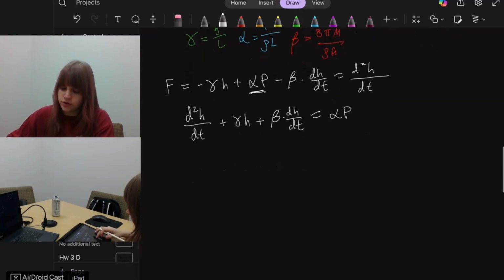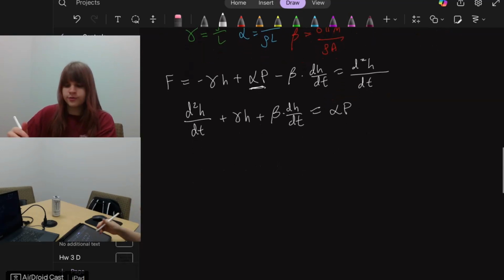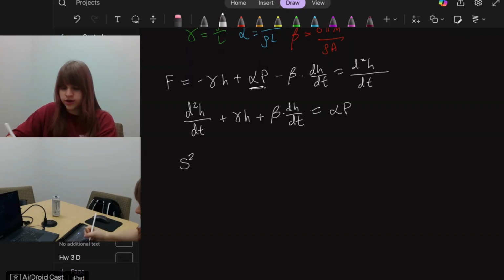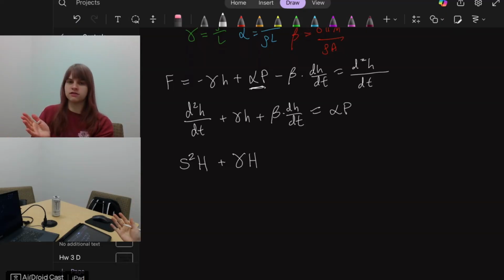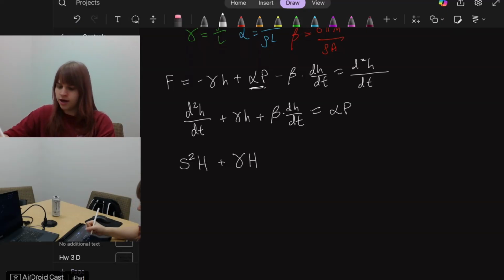And when we do our Laplace transform with the Laplace domain, we get s squared H. So this is from the term directly above, plus gamma times H. Remember that this capital H denotes that this is in the Laplace domain. And we also need to add beta, and this is dH dt, so that leaves us with sH.